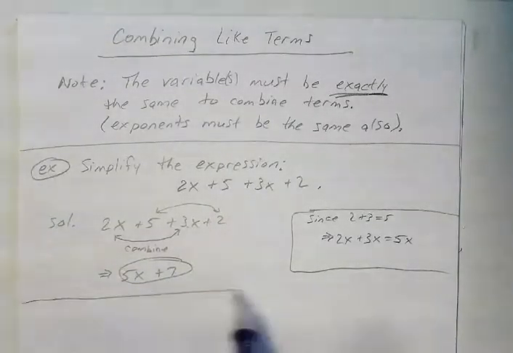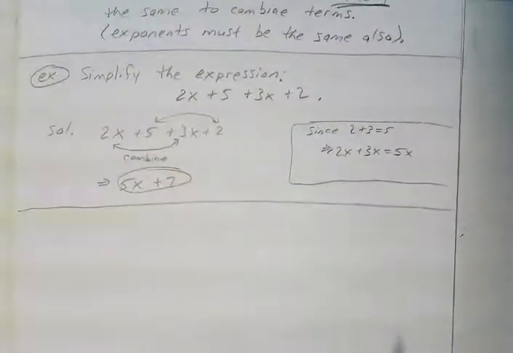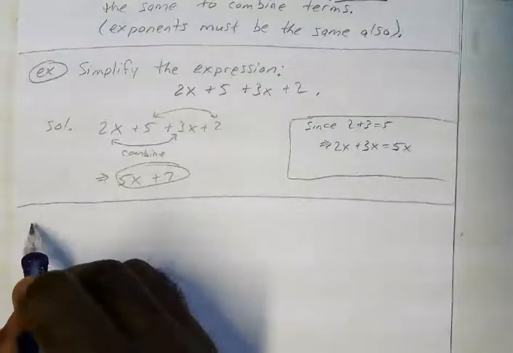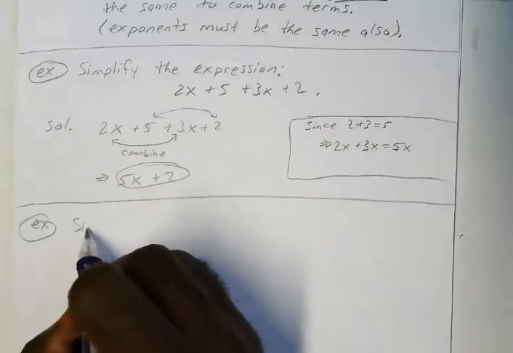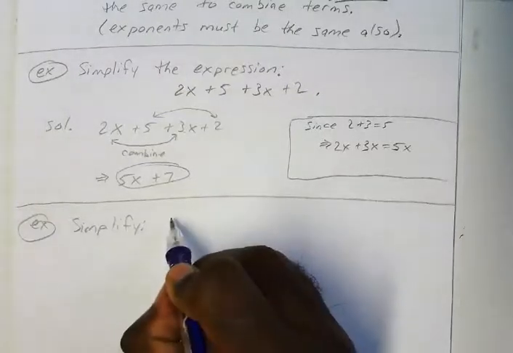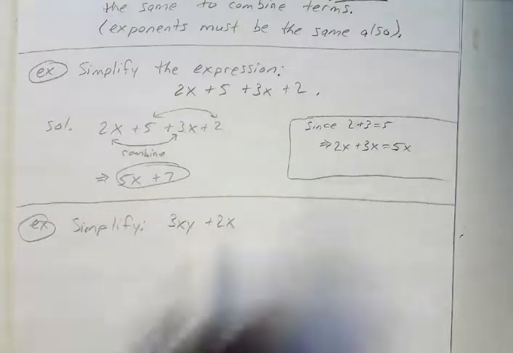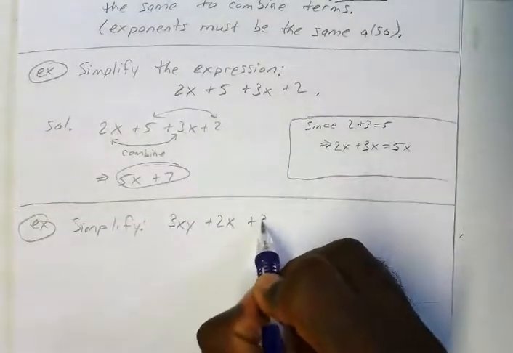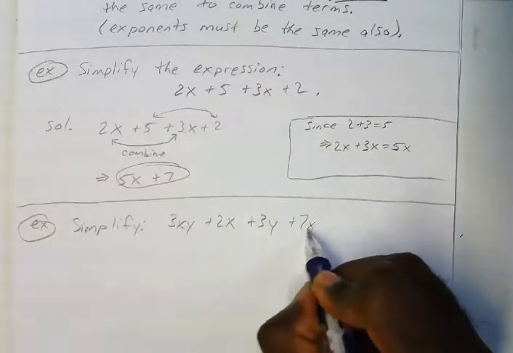Okay, so let's go for another example. What if we wanted to simplify 3xy plus 2x plus 3y plus 7xy?